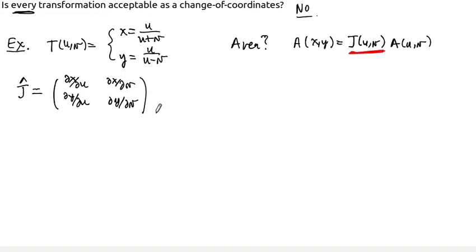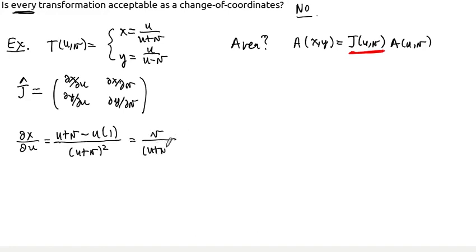So dx by du is going to be a quotient rule: (u plus v) times the derivative of u, which is just 1, minus u times the derivative of the lower, all over (u plus v) squared. This simplifies to v over (u plus v) squared.